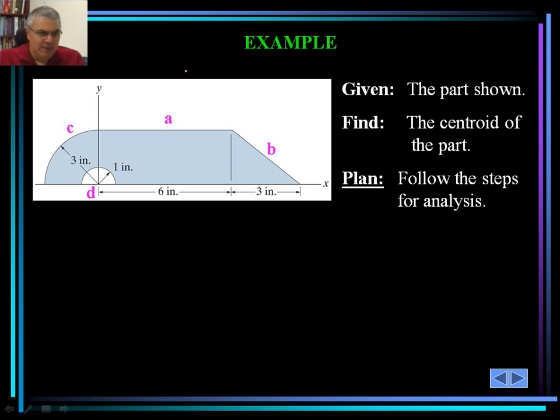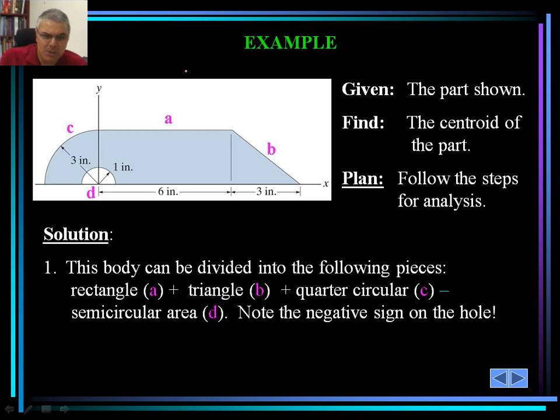So the part shown here consists of 4 parts, A, B, C, and D. We would like to find the centroid of the entire composite object, and the plan is to follow those steps that I just mentioned. So first, this body can be divided into 4 pieces.